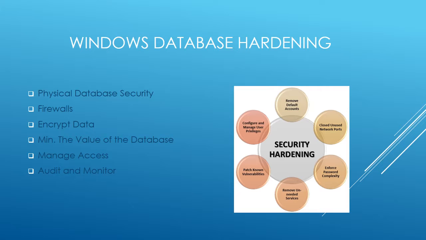Minimize the value of the database pretty much just means make sure you don't have any confidential information on the database itself. Make sure that all the information is encrypted, and just be wary of what you put on the database and what you don't put on the database.